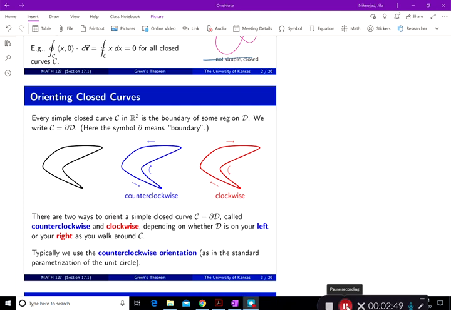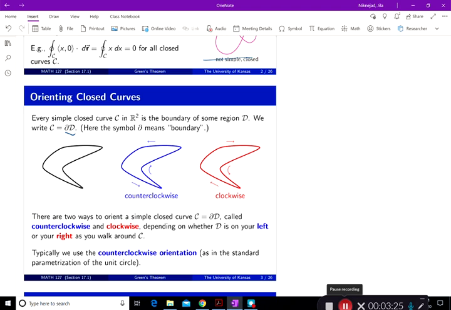Every simple closed curve in R2 is the boundary of some region D. We write C equal to the partial of D, meaning the boundary of D. When we talk about the boundary of D, we usually have either a clockwise or counterclockwise direction, and if it's not mentioned, it's counterclockwise, like the standard parameterization of the unit circle.